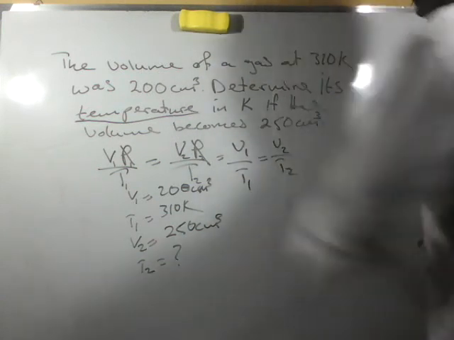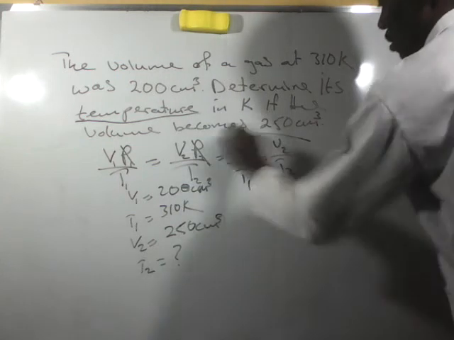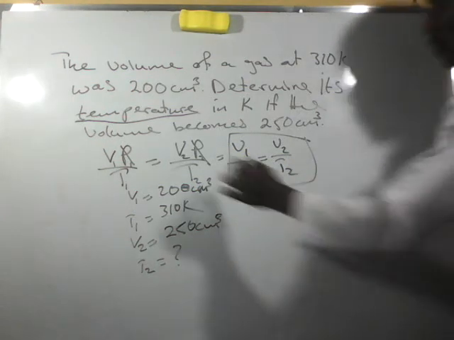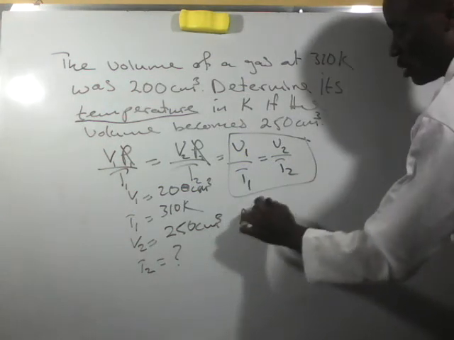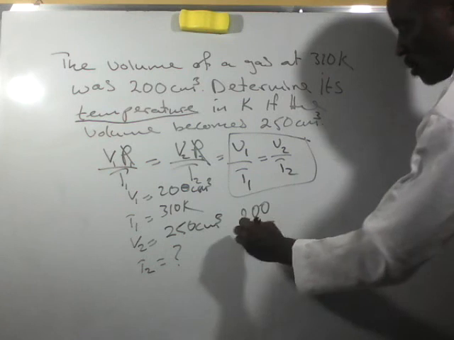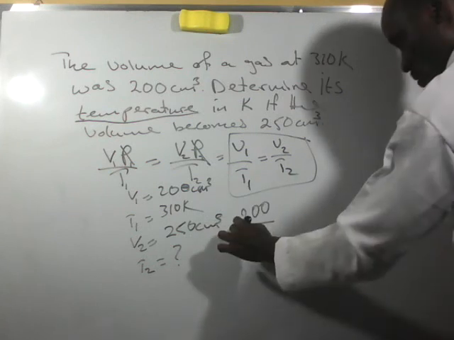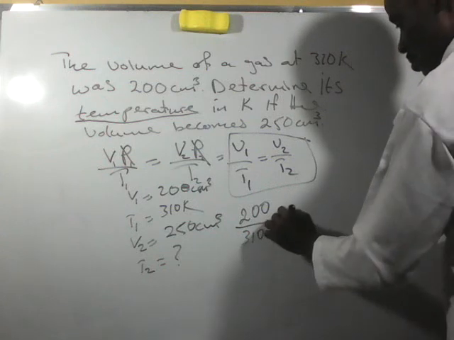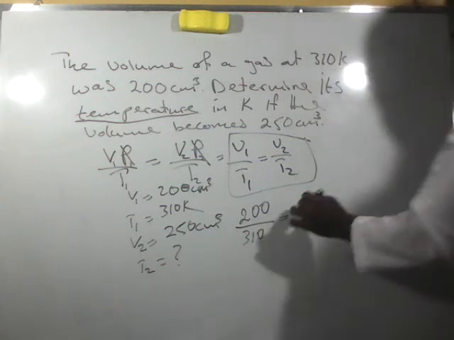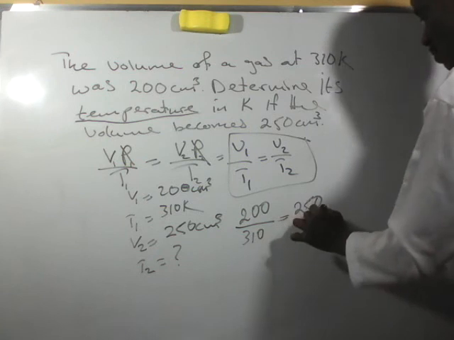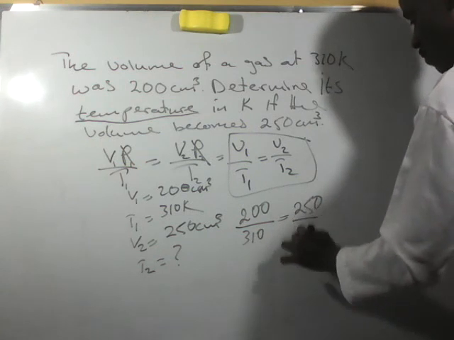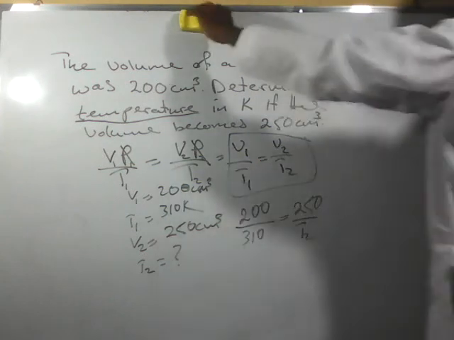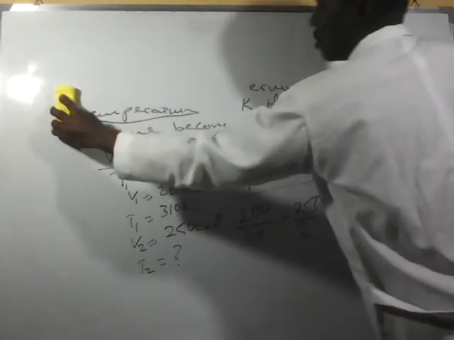We substitute: V1 is 200, T1 is 310, equal to the volume 250 all over T2, which we don't know. That's what we're going to find out in this question.